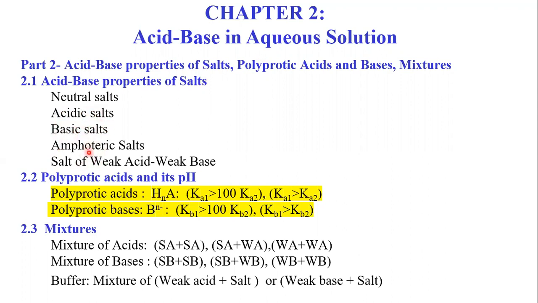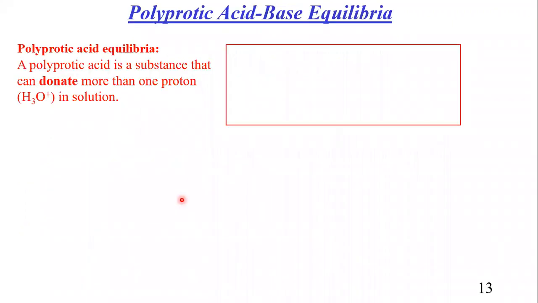We still have to do some calculations with the amphoteric salts, but that will come a little bit later on. For now, you are right at the stage where you'd be excellent at calculating the pH of polyprotic acids and polyprotic bases, which is why we're going to discuss this at this moment.